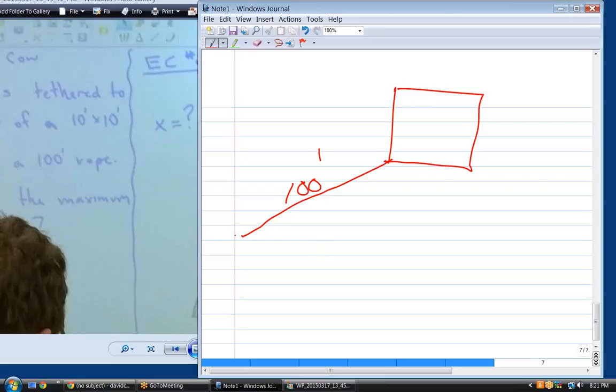And it wants to know what the maximum grazing area is. So how much area could it cover with that 100-foot rope? Okay. This is 10 by 10. Yep. Well, this can't be too hard.